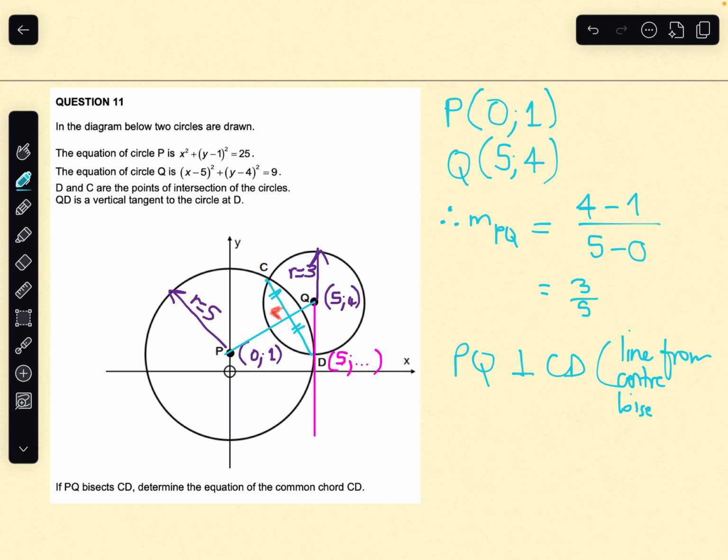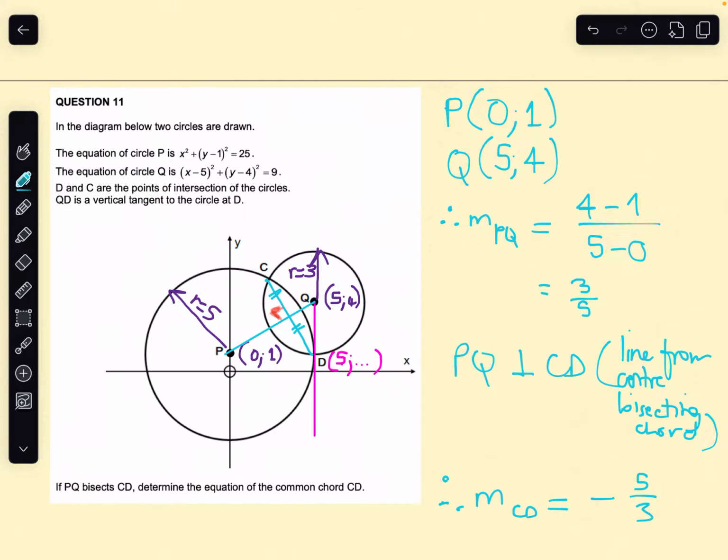Look, I don't know if this is the official reason, but I feel like it summarizes all the important pieces of that theorem. So we know that the line from the center that bisects a chord is perpendicular to that chord. And so therefore, the gradient of CD will be equal to negative 5/3.